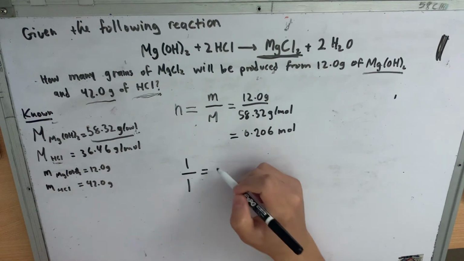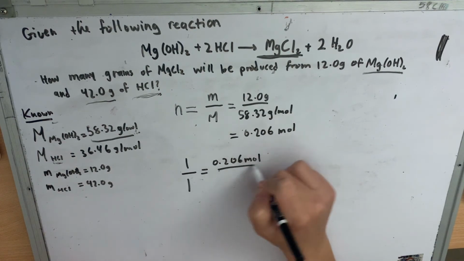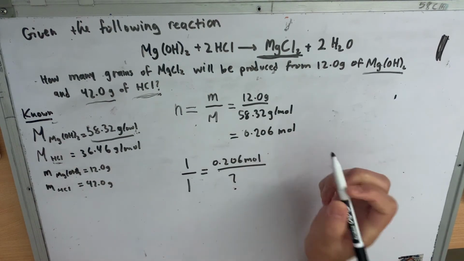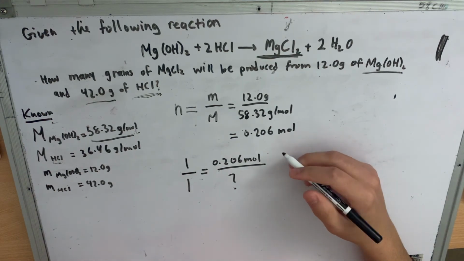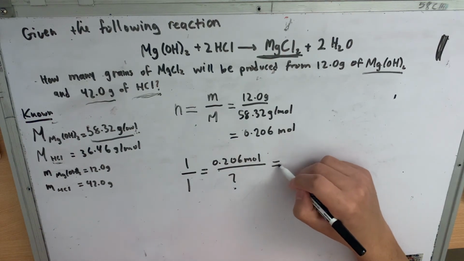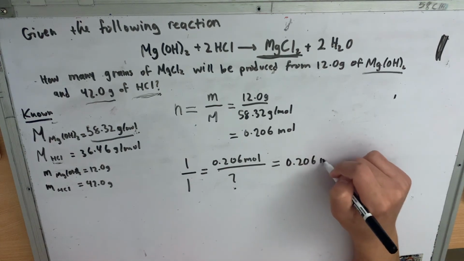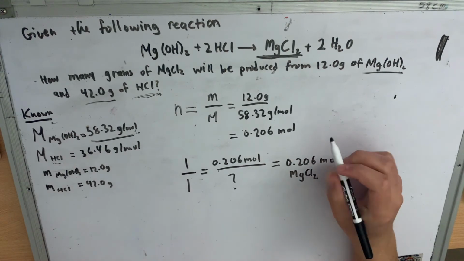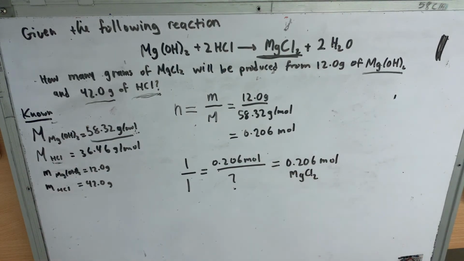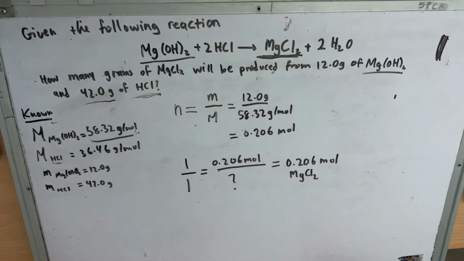And we have 0.206 moles of magnesium hydroxide over the unknown amount for MgCl2. Using the mole ratios, we can conclude that 0.206 moles of MgCl2 are also made in this reaction because MgOH2 is the limiting reagent.